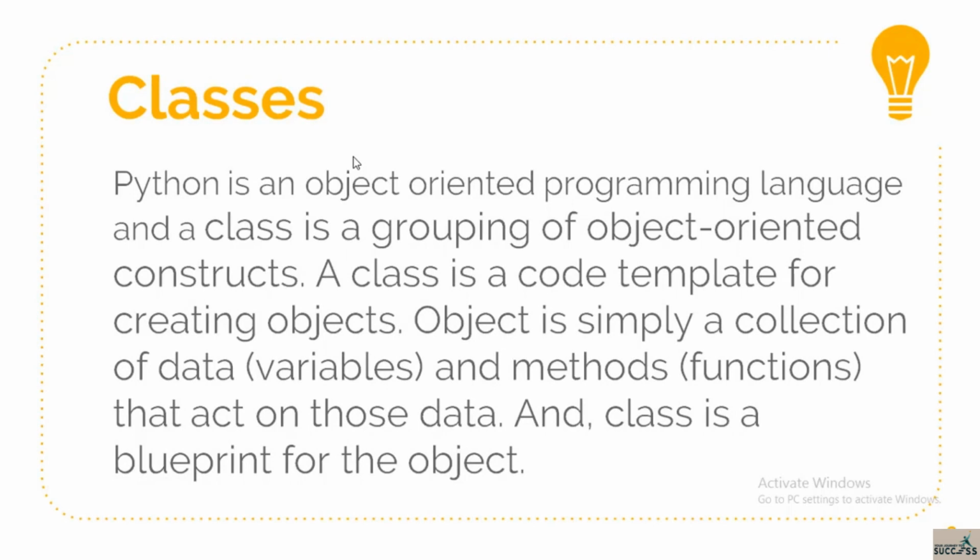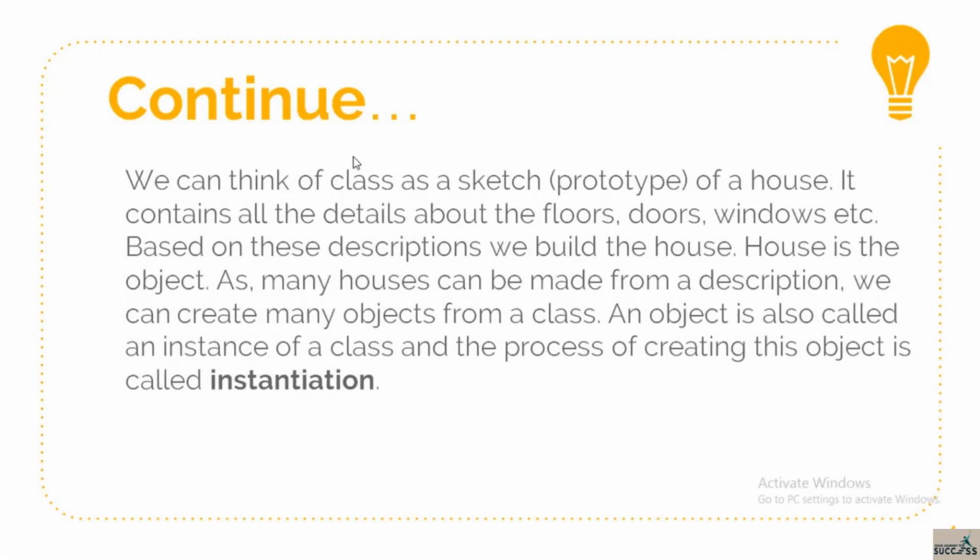A class is a code template for creating objects, and an object is simply a collection of data and methods that act on that data, and a class is a blueprint for the object. We can think of a class as a sketch of a house. It contains all the details about the floors, doors, windows.